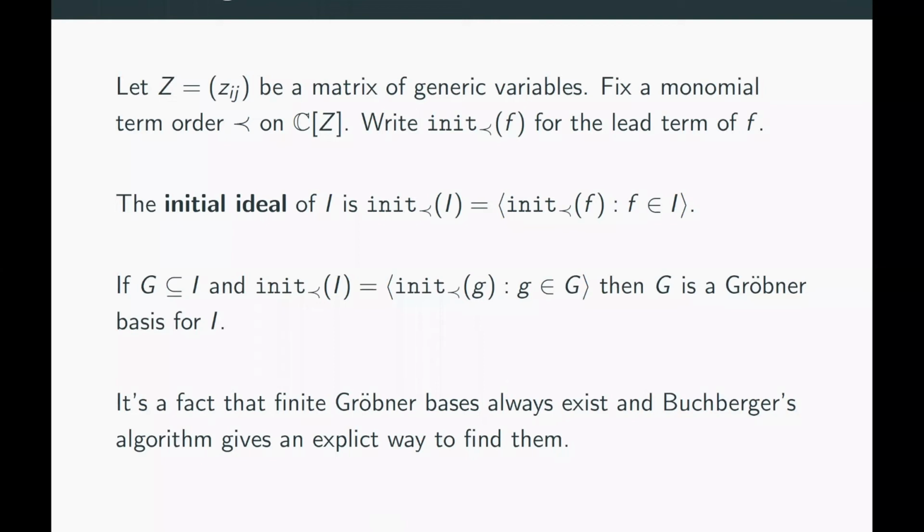And it's a fact that finite Gröbner bases exist. And Buchberger's algorithm gives an explicit way of generating these finite Gröbner bases, starting with a generating set of your ideal. So it's something that computers, at least for small examples, can just turn out for you, but maybe gets computationally hairy as the number of variables grows.